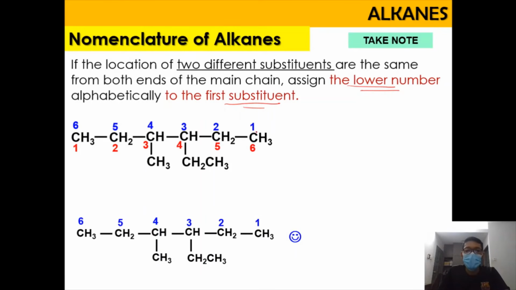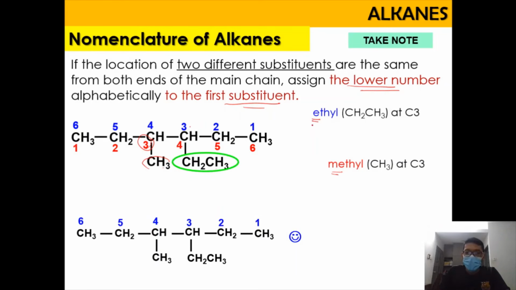So we have two situations, the one in blue or the one in red. Which one is the correct one? So ethyl, which is E, is situated at carbon number 3. Methyl, which is this one, is situated at carbon number 3. Okay, so we have the two situations here.